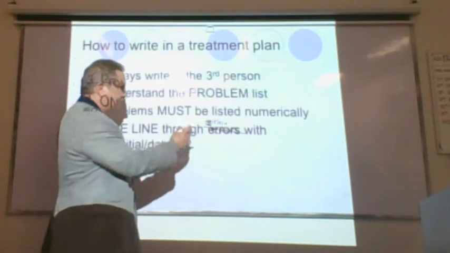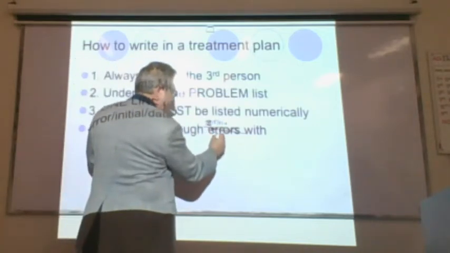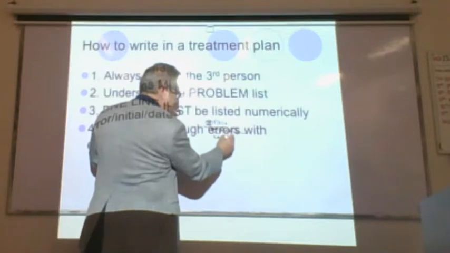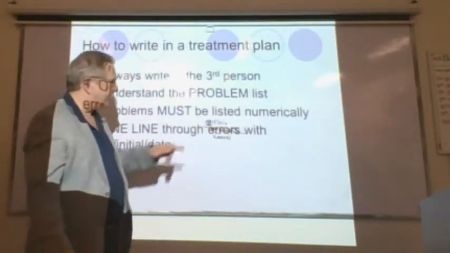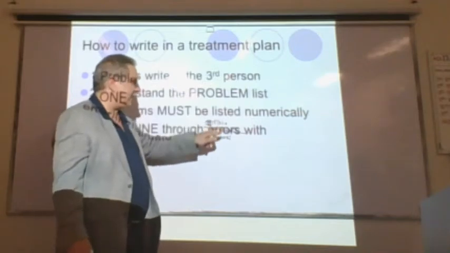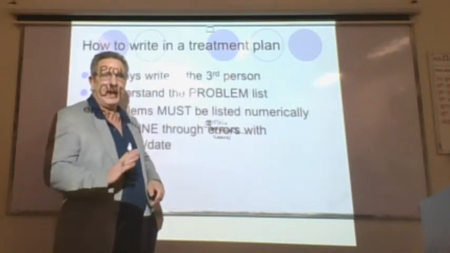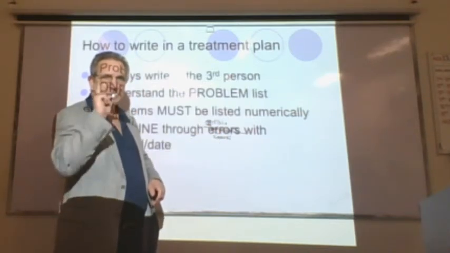And somewhere else underneath it, you write the correct spelling. And you move on. Okay? So you need to initial it, you need to date it, and then you need to put the correct spelling, and you move on. One line.